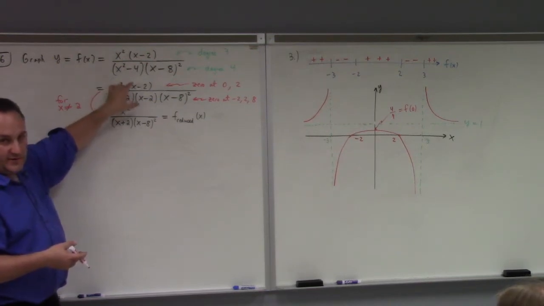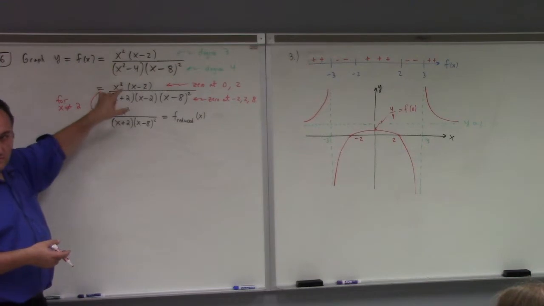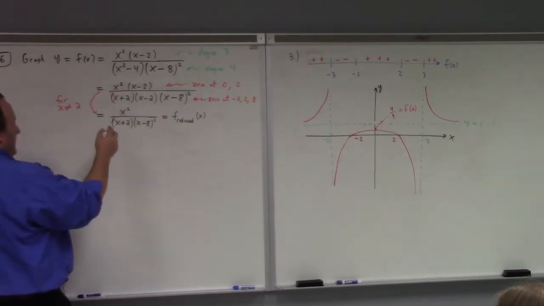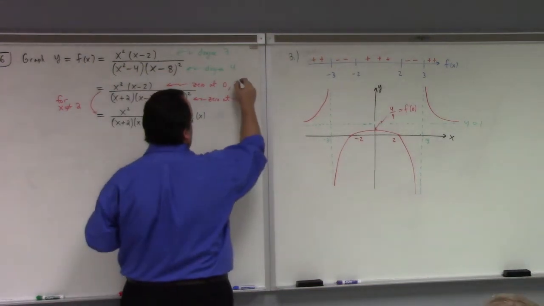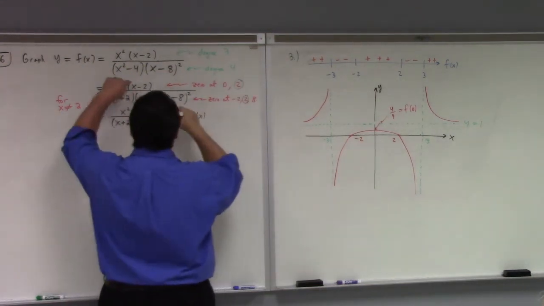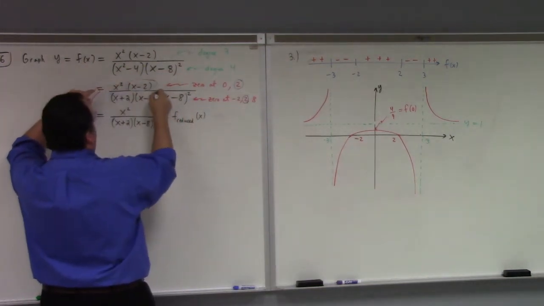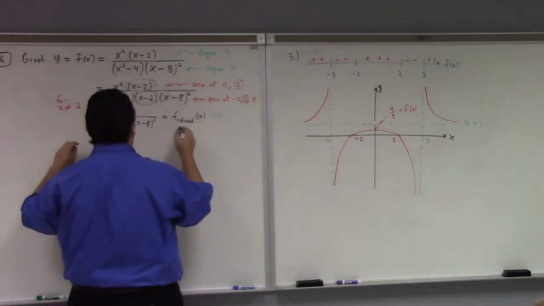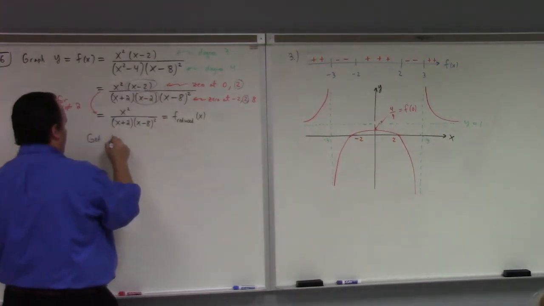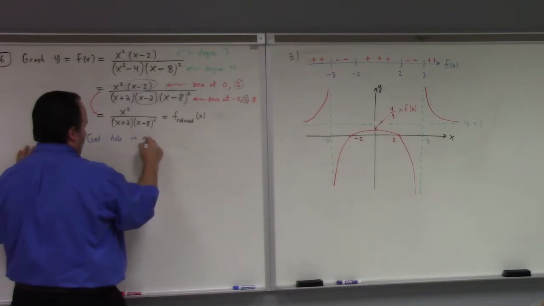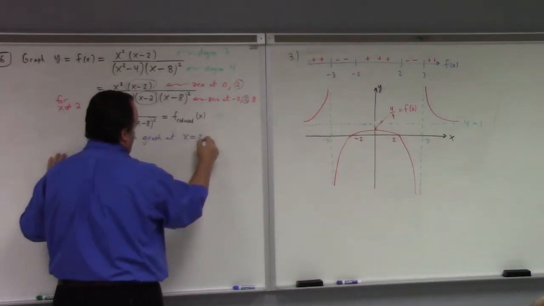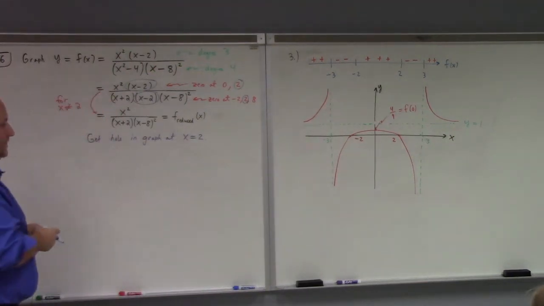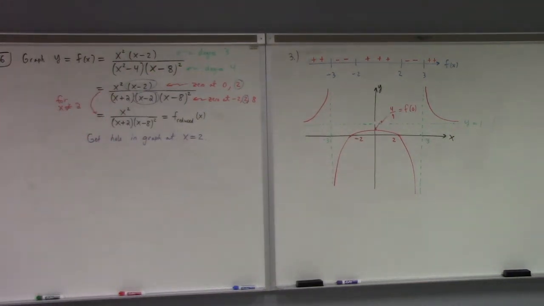That means we have a hole in the graph at 2. You see this here, and this here, and they're both the same order. Order 1, order 1. So we get a hole in the graph at x equals 2. All right? That's what that tells us.